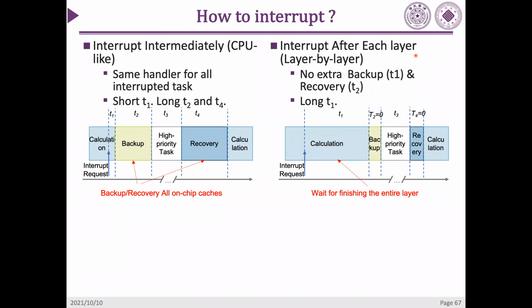After one layer, maybe you only have a very small amount of data that needs to be saved, so the backup and recovery time is quite small, but you need to wait a long time to begin the high priority task.